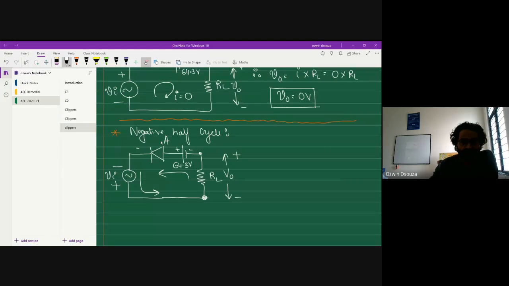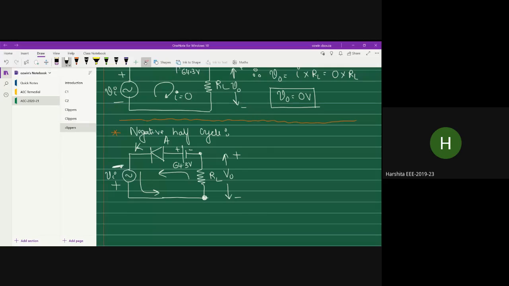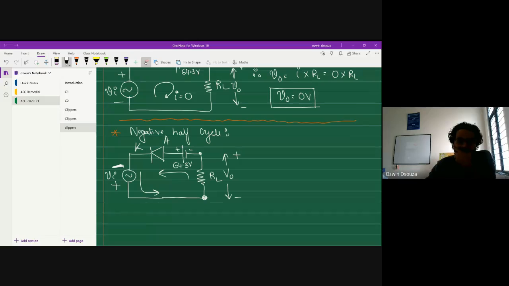This is anode, right? This is cathode. Tell me properly. Is it forward biasing or reverse biasing? Forward biasing, no. See, this is the negative terminal. Where is it connected? The cathode terminal.